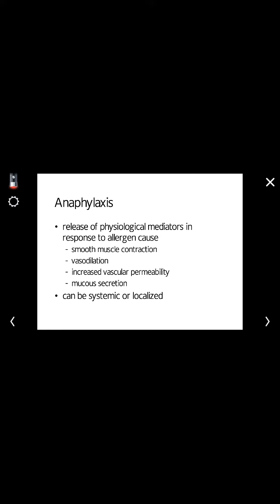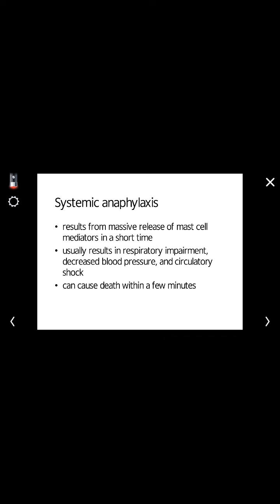So anaphylaxis is literally just releasing of physiological mediators in response to an allergen like pollen, where you get smooth muscle contraction, vasodilation, increased vascular permeability, mucus secretion, can be systemic or localized. It's like an allergic reaction.